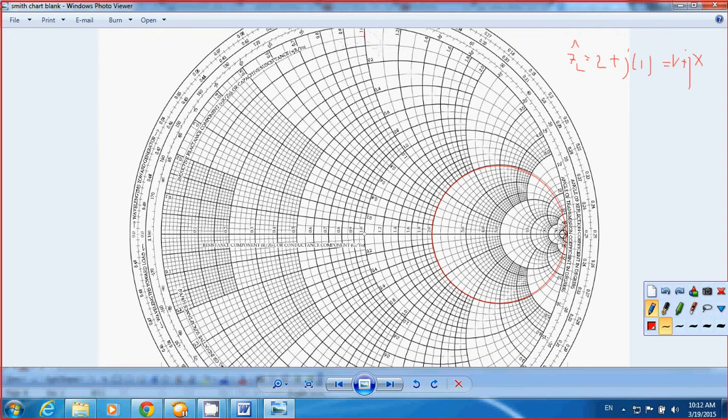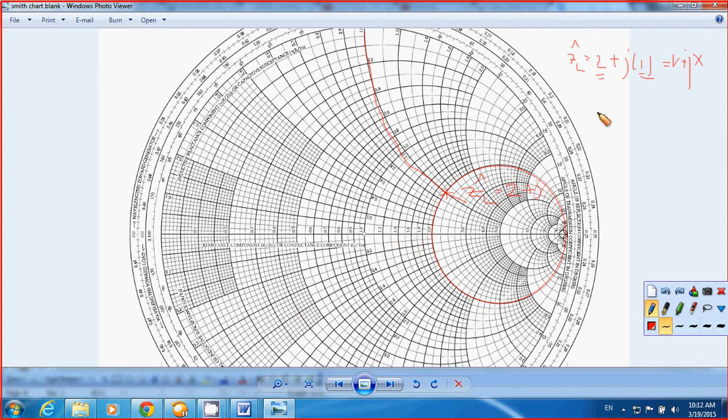So what you do is you draw another line here until you find the intercept point between r equal to 2 and x equal to 1. So this becomes your normalized load impedance, which is equal to 2 plus j.